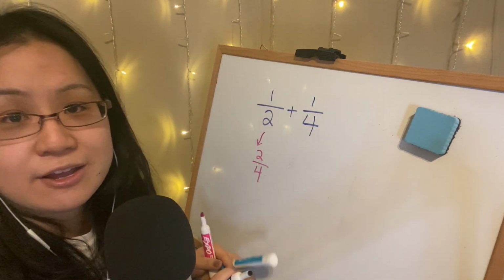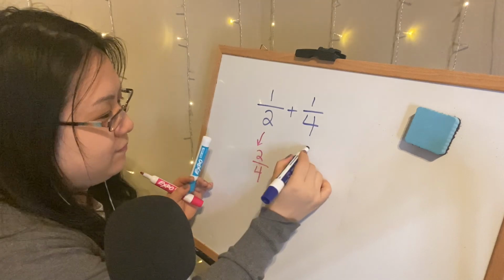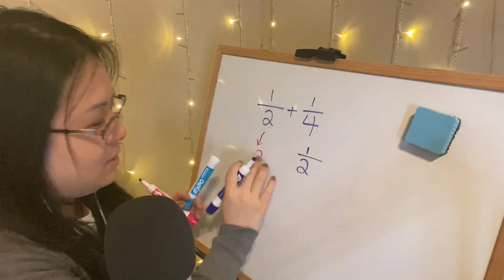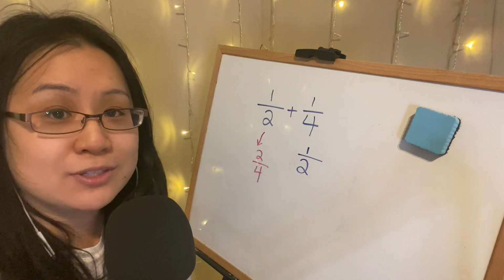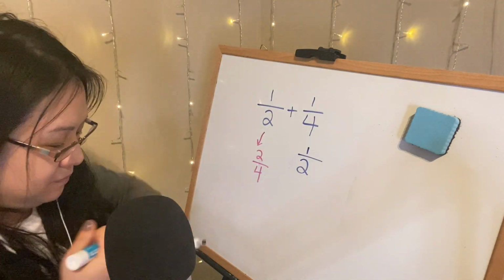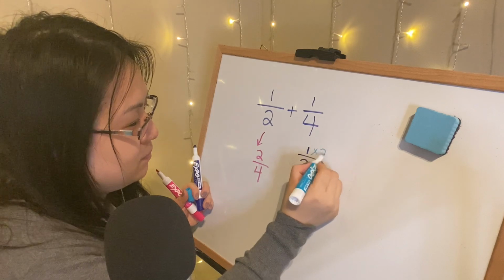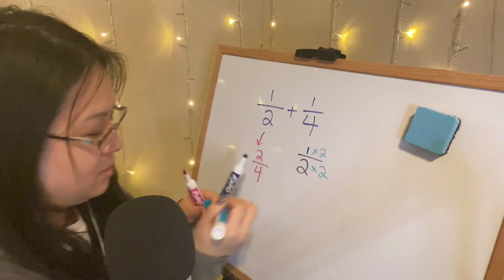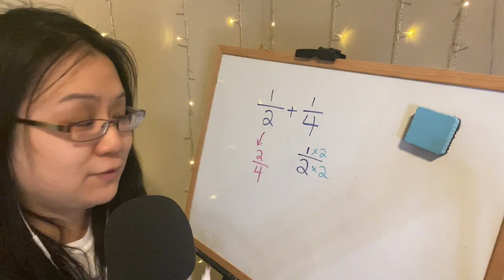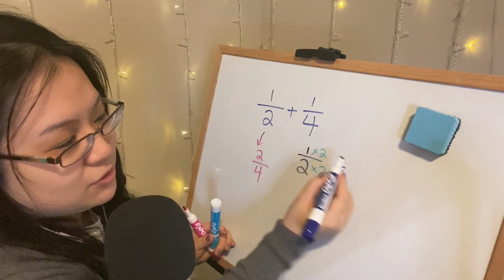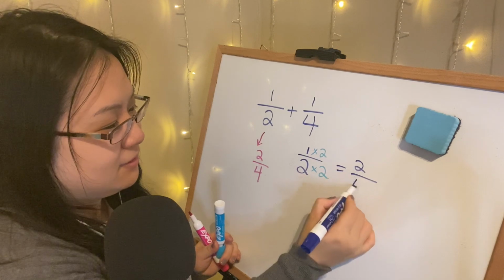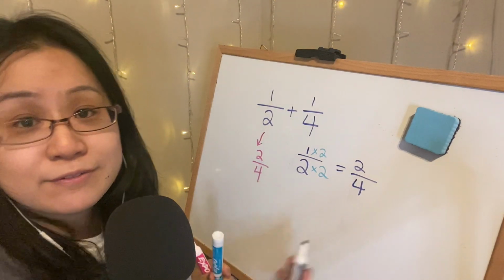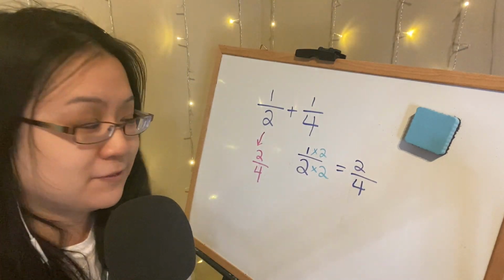So if I have 1/2, to get to 2/4, I multiplied by 2 on the top and on the bottom. That gives me 2/4. 1 times 2 is 2. 2 times 2 is 4. So 1/2 and 2/4 are equivalent.